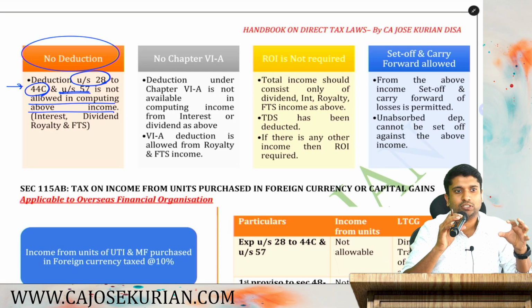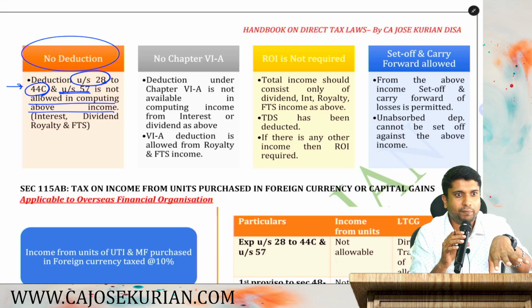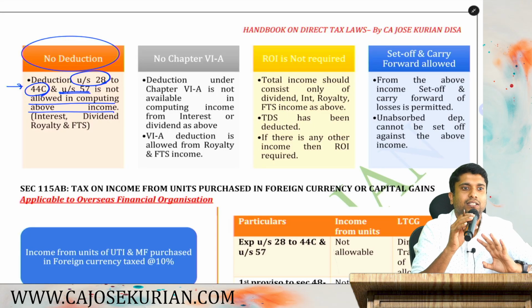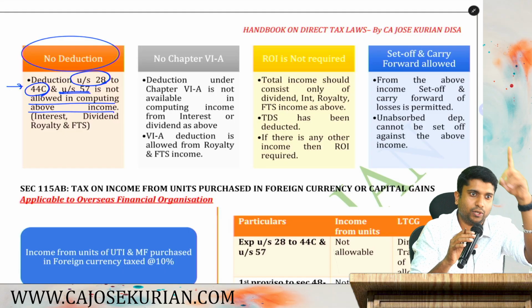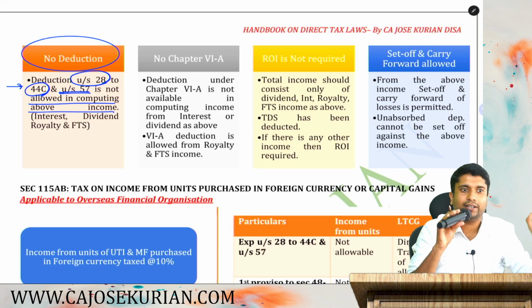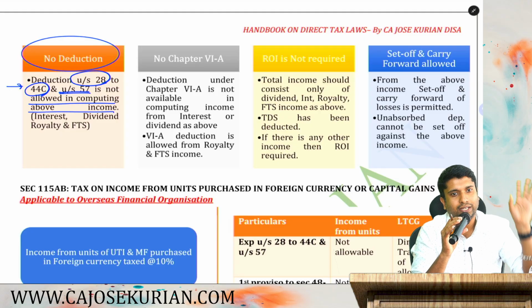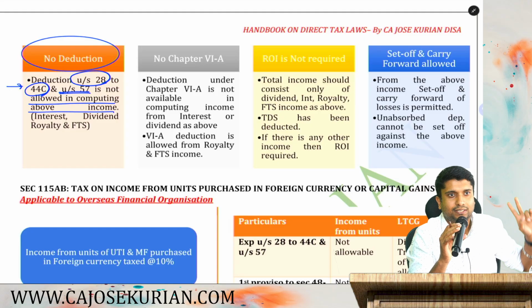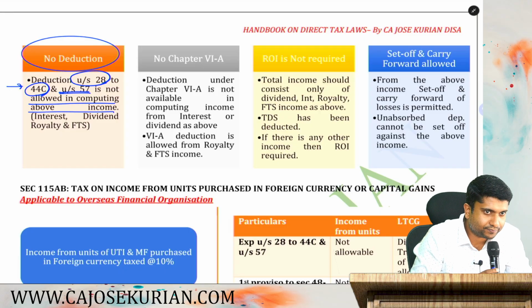So the only two possibilities are either PGBP or IFOS. If it is under PGBP, 28 to 44C, nothing you will get. If it is under IFOS, the only deduction section is 57, nothing you will get. Or simply we can say, no deductions from the above income. No expenses can be deducted from the above income. It is fully taxable. Are you with me?